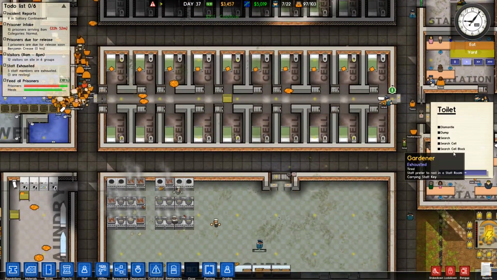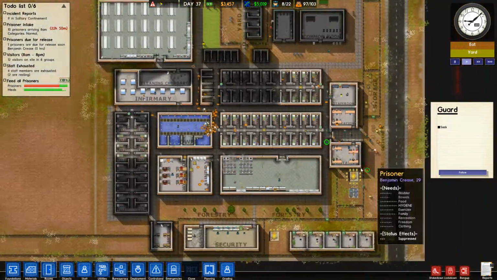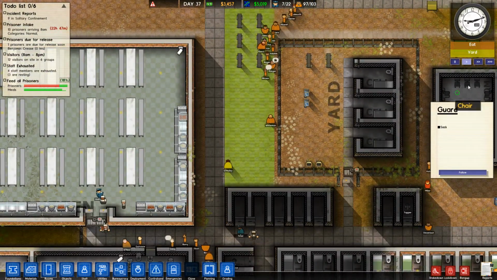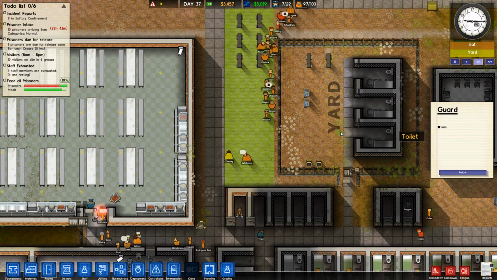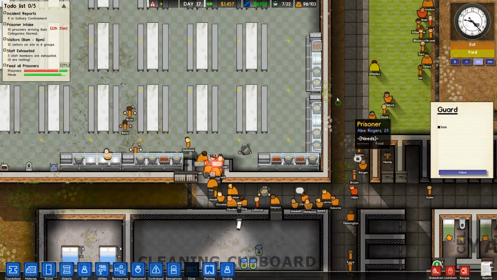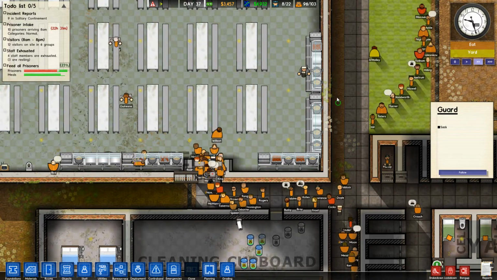Okay, somebody's tunneling. Search the cell block. Now there should be more than enough food here. Hopefully this finally solved the problem.